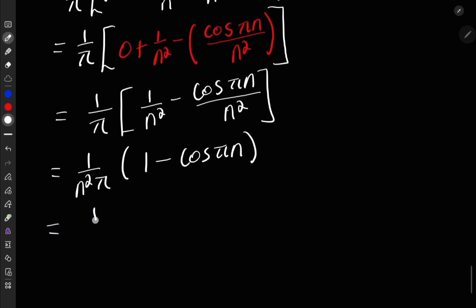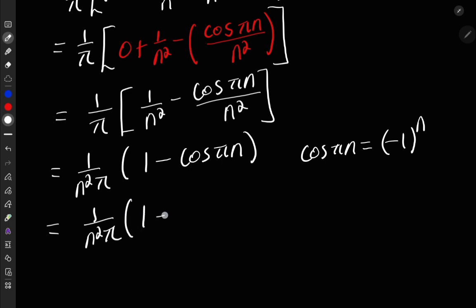After that, you know that cos pi n is an identity which equals minus 1 to the power of n. So you can simply say 1 minus (minus 1) to the power of n.